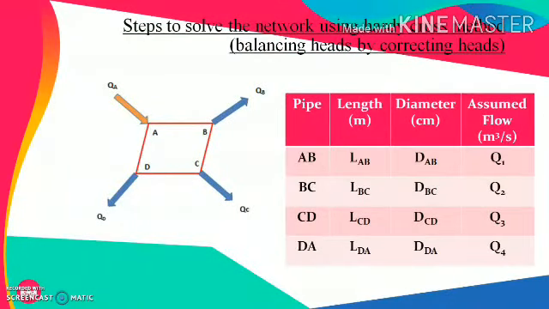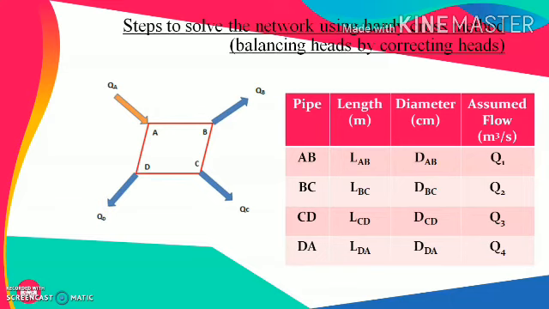So now let's assume a small simple closed network ABCD, and we will try to understand how to solve the network using the Hardy-Cross method, in which we are going to balance the heads by correcting the heads. So assume the network ABCD consisting of 4 pipe segments AB, BC, CD and DA.